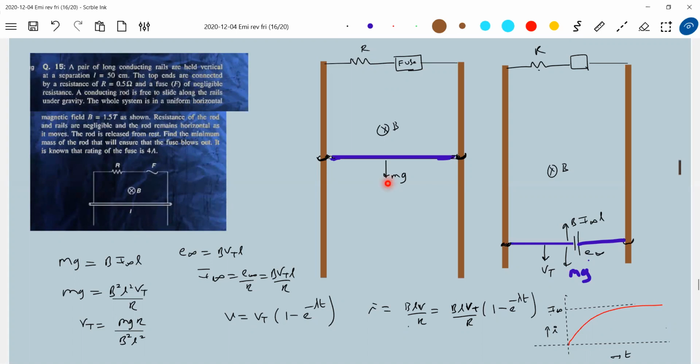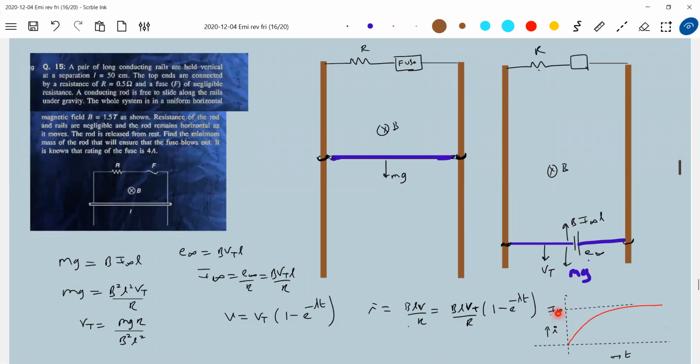See, once the current through the fuse is just greater than 4, it will blow out. So that is the maximum current. Now the whole system is uniform. So where do we find the minimum mass of the rod that will ensure this? Minimum mass is what it's asking. So shall we take this to be 4 ampere?